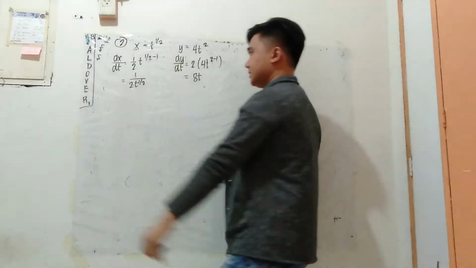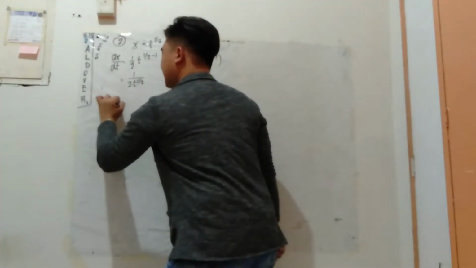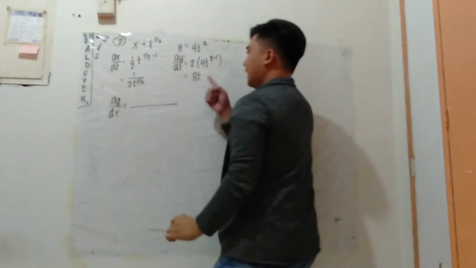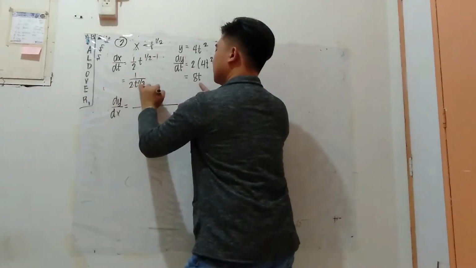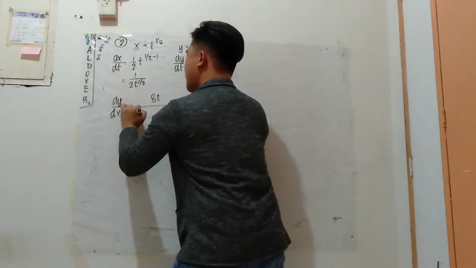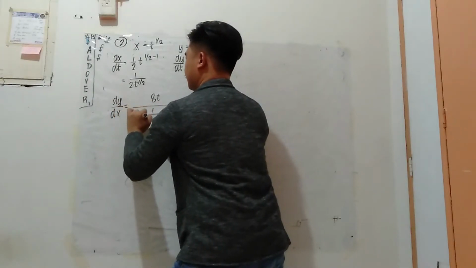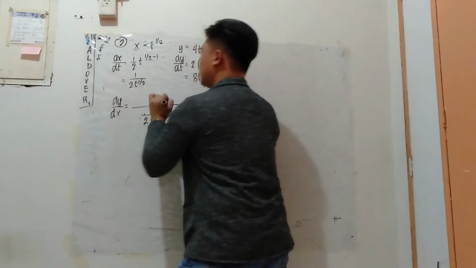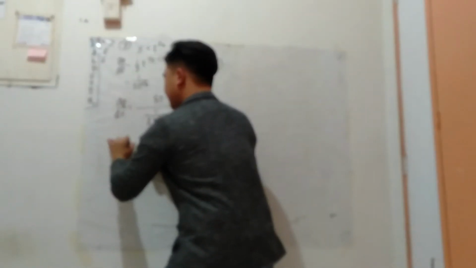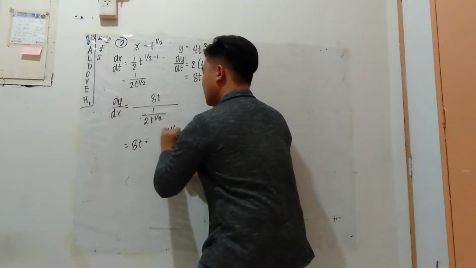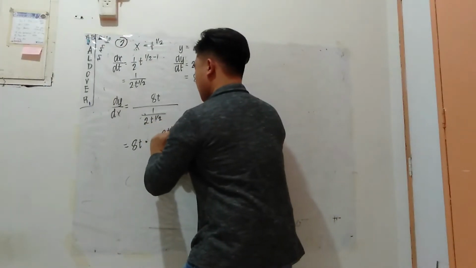Okay? So, dy over dx is equal to 8t all over 1/2 t raised to 1/2. Or simply, that is equal to 8t times 2t raised to 1/2 all over 1.